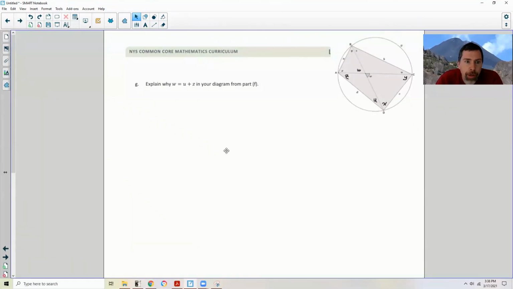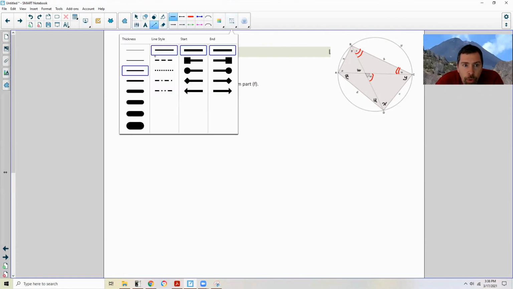Okay, page 4, part G. It says to explain why W equals U plus Z. The angle with degree measure W, which is in the middle, is here. They gave us U to be here, and Z is over here. Well, the reason W equals U plus Z is simply because of our exterior angle theorem, or remote interior angles.